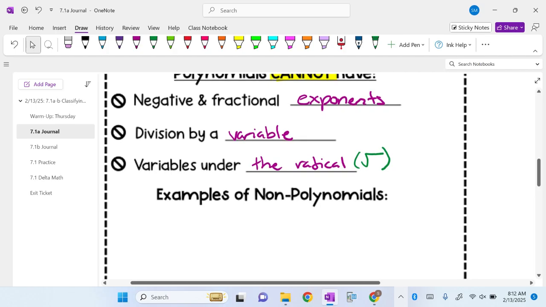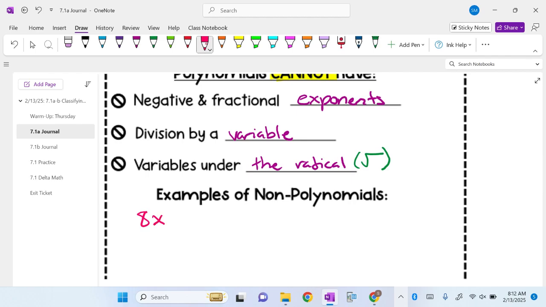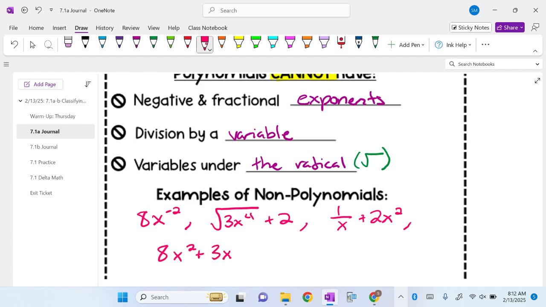So, some examples of non-polynomials. We have 8x to the negative 2, the square root of 3x to the fourth plus 2, 1 over x plus 2x squared, 8x squared plus 3x to the 1/3. So, the first one's not a polynomial because of this negative exponent.